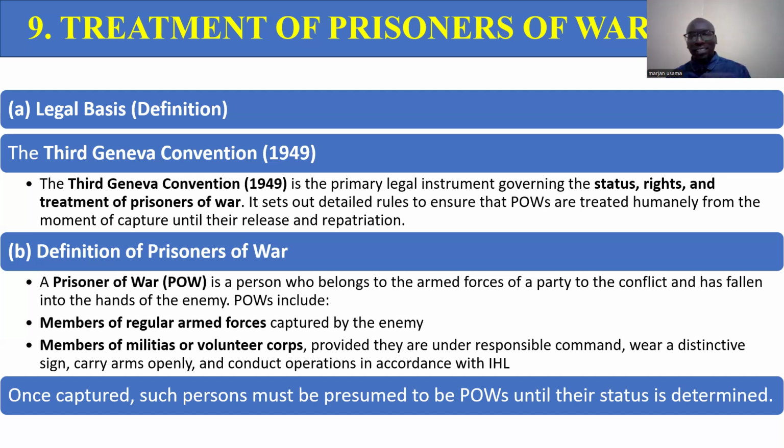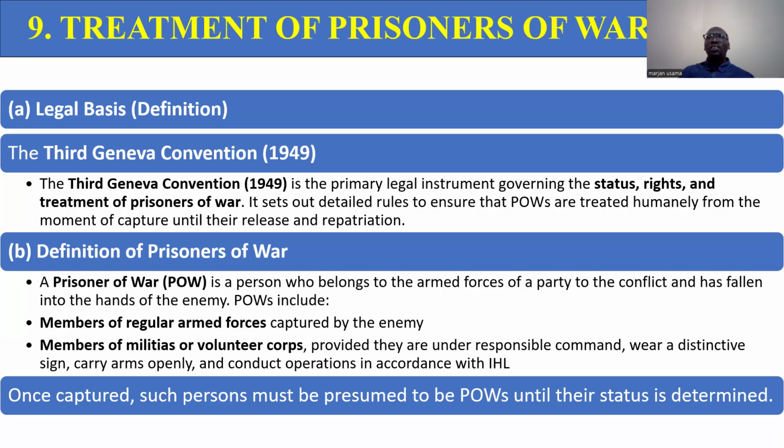The two armies are fighting. So the prisoners of war, as per this definition, if, for example, the army of Congo arrest some members of the army in Rwanda's army, they come under their custody. So they are prisoners of war.